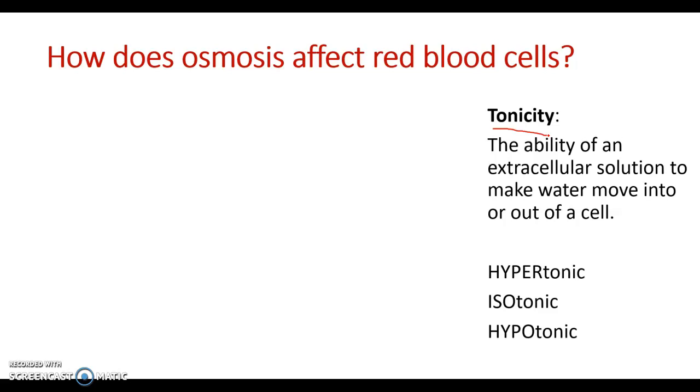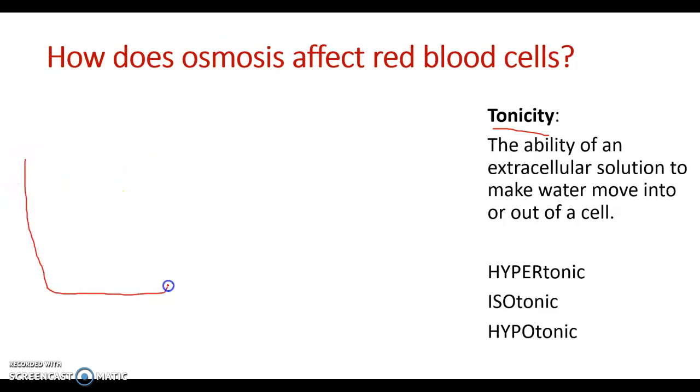Tonicity is the ability of an extracellular solution, so the fluid outside of the cell, to make water move into or out of the cell. So when we talk about tonicity, we are only talking about the solution on the outside of the cell. And we can have three different scenarios here.